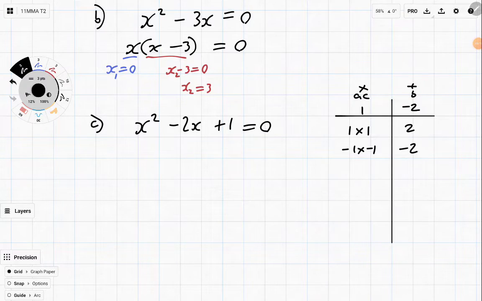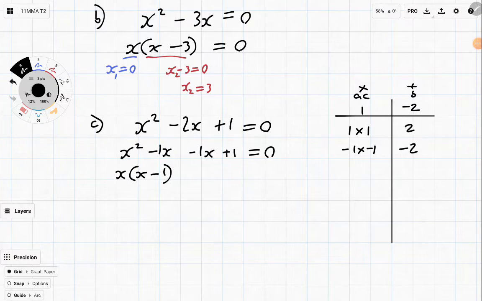And hopefully everyone can see that it's going to be negative 1 and negative 1. So decomposition: x squared minus 1x minus 1x plus 1 equals 0. Factorize each pair. x squared minus 1x, well, that's just x times x minus 1.